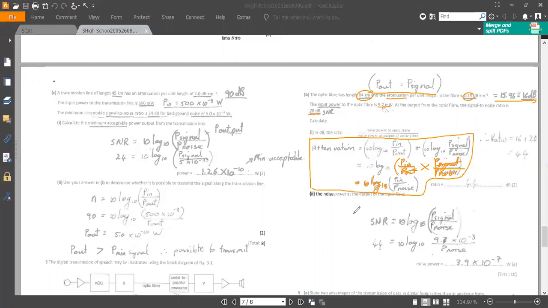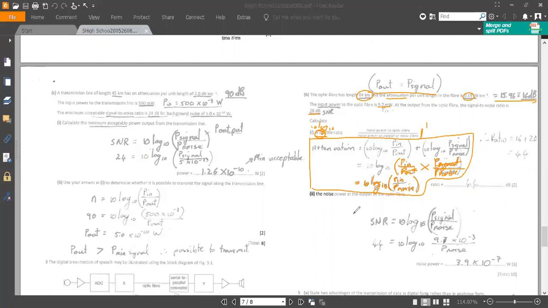It gives it in decibels, so don't worry too much about that. They want the ratio in decibels, so decibels actually means 10 log10. And this is my power in, input power, over my noise power. So this gives me the ratio that they want.